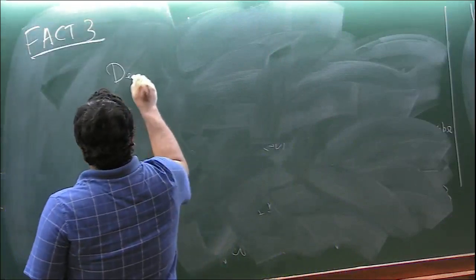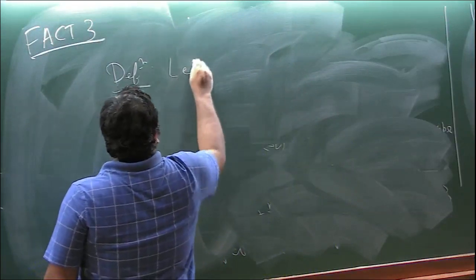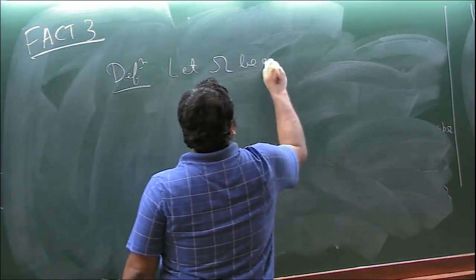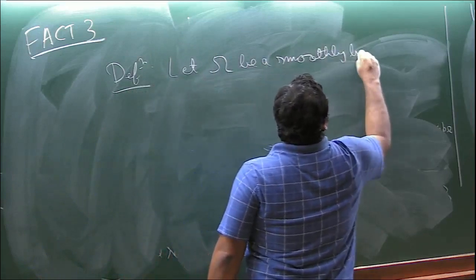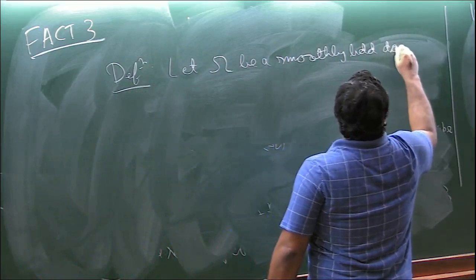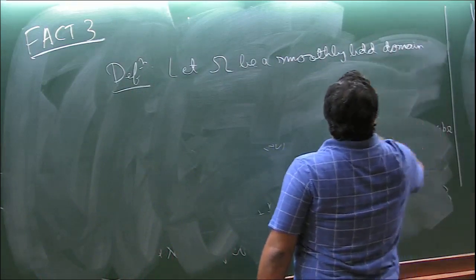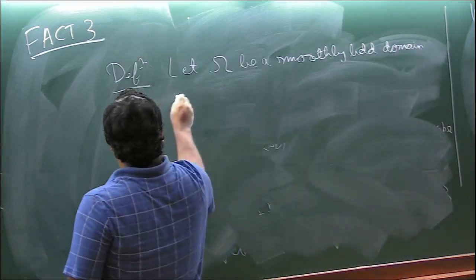Okay, first we make the definition. Let omega be a smoothly bounded domain in Cn.